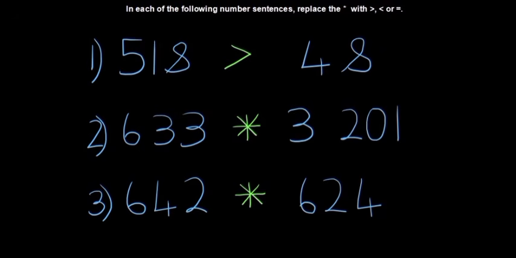So we know that any 3-digit number is less than any 4-digit number.